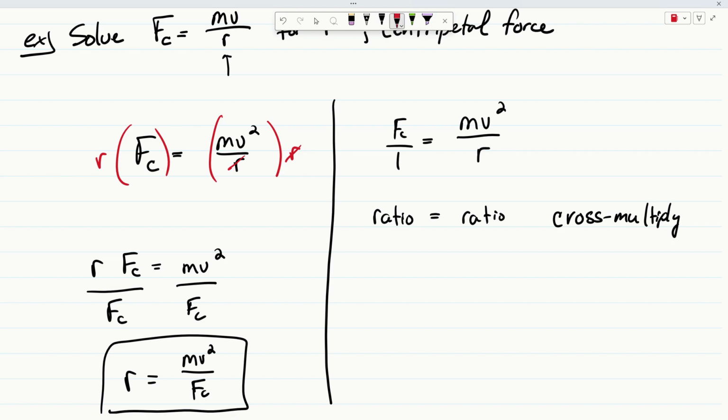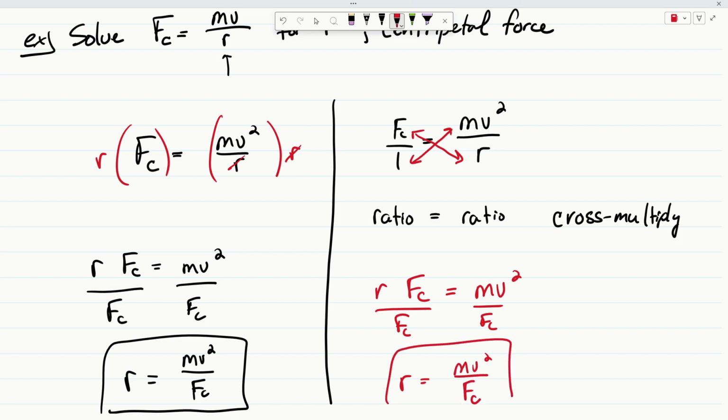So, by understanding that, watch what happens here. I'm going to cross multiply to give me r F sub c equals mv squared. And once again, divide both sides by F sub c to give us r equals mv squared over F sub c. So it's the same exact thing as what we had over here.